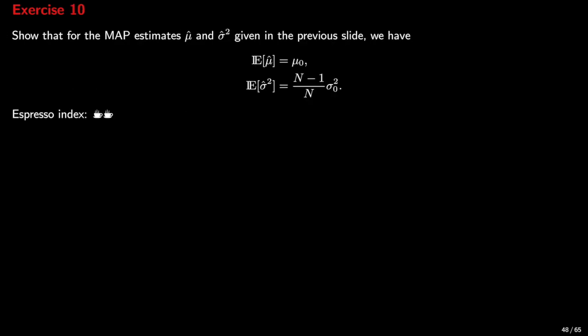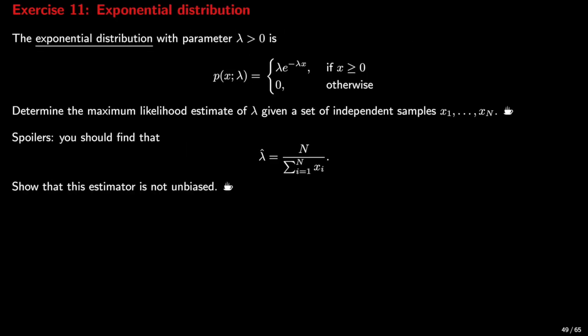You can also derive these formulas that we mentioned previously, and you can apply the maximum likelihood estimation procedure to estimate the parameter lambda of the exponential distribution given n independent samples. So this concludes the first act. In the next video, we will combine the maximum likelihood estimation method with Bayes' theorem.